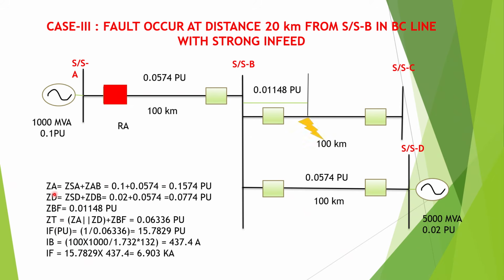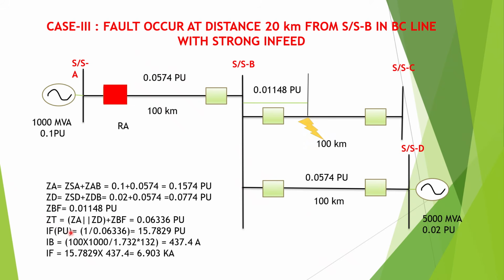Now the value of ZA is equal to ZSA plus ZAB, which is equal to 0.1574 per unit. Now the value of ZD will be changed. Since the source impedance has been changed, it will be ZSD plus ZDB, which is equal to 0.02 plus 0.0574, which comes as 0.0774 per unit.